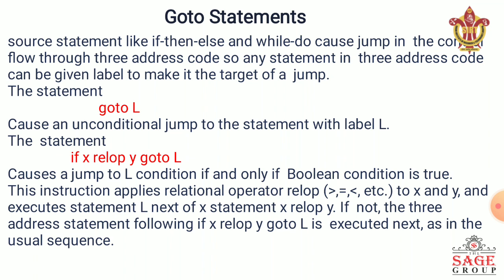Any statement in three address code can be given a label to make it the target of a jump. The target of a jump means, if we want to jump from one statement to another statement, then we can use go-to statements.